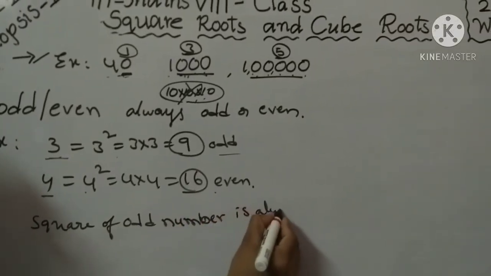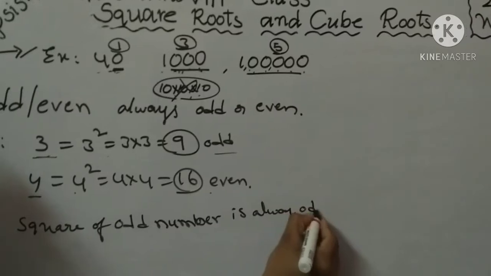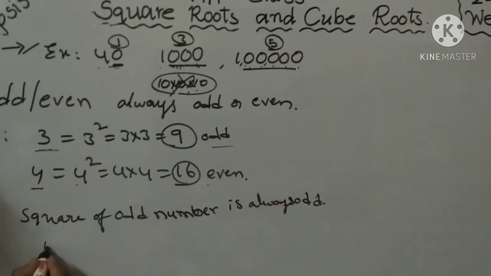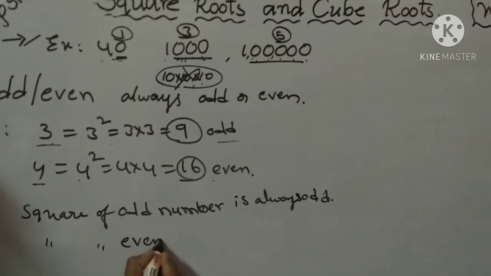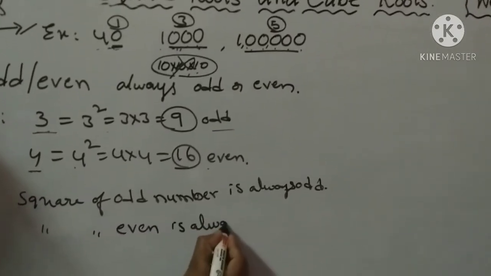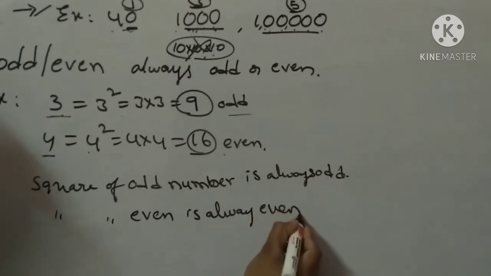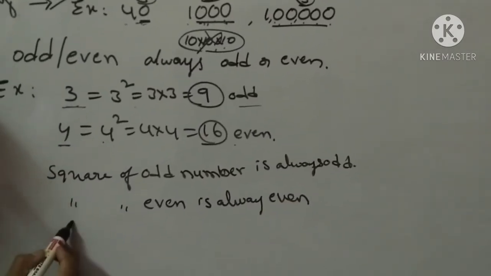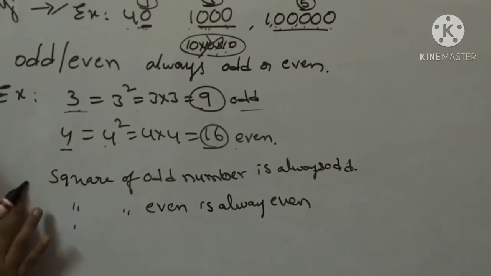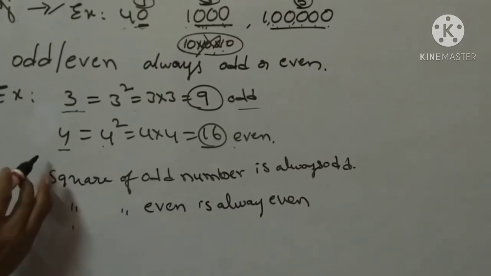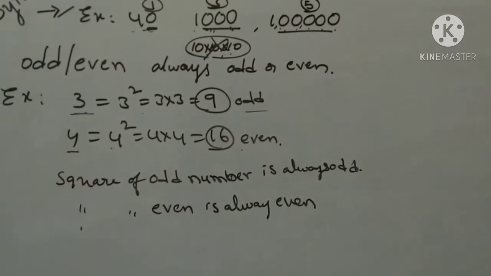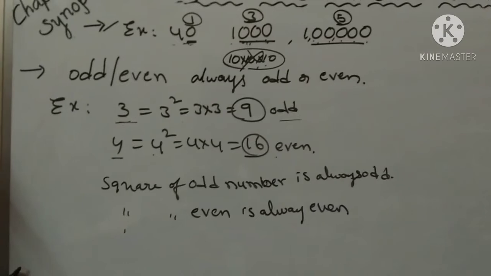In this property we observe that the square of an odd number is always odd, and the square of an even number is always even.